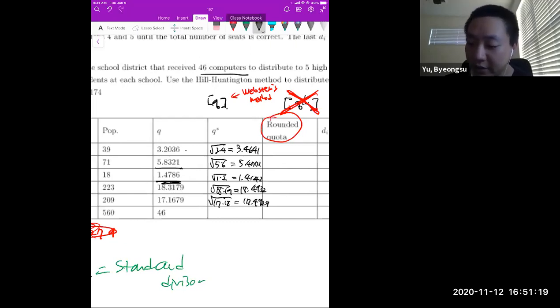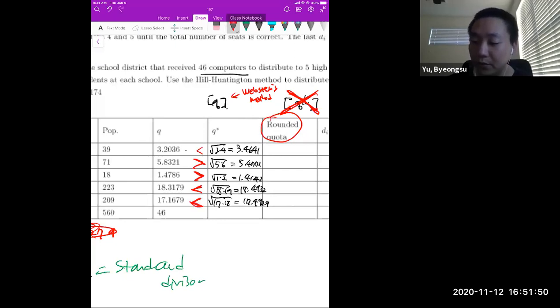Then you can see the original numbers. On the first line, Q is less than Q star, but on the second line, Q is greater than Q star, and on the third line, Q is greater than Q star, even if it is less than 1.5. And the fourth line, Q is less than Q star.